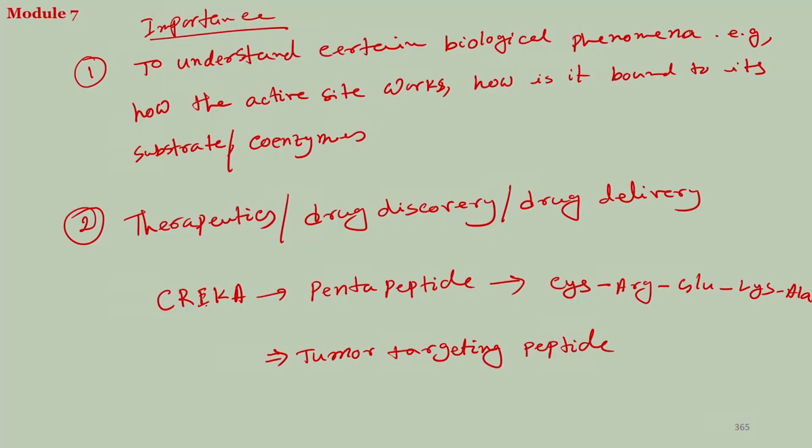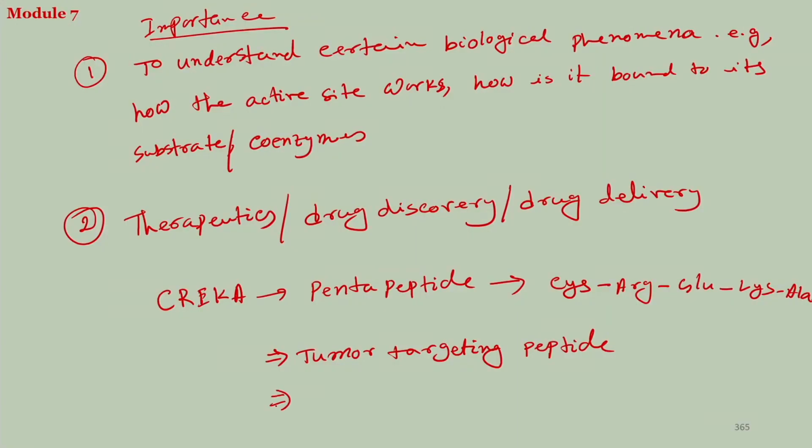So, if you try to send this peptide, then it will specifically go and be bound to tumor cells, because the tumor cells have the receptors to dock this pentapeptide.